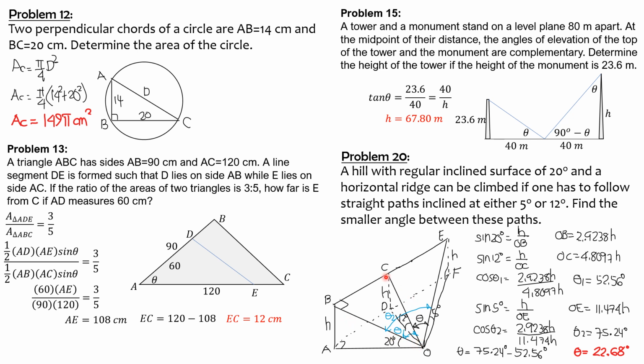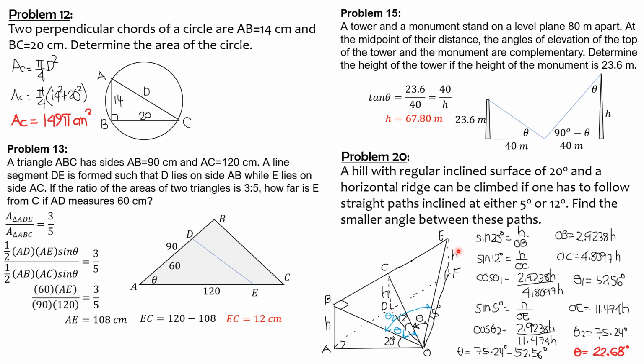Then this point C here is closer, so that's why this is 12 degrees. And the other path, which makes 5 degrees to the horizontal, has the other end of intersection with the ridge very far, and that's also h. This is also a right triangle, with right angle at D.